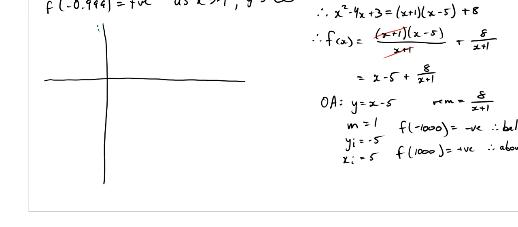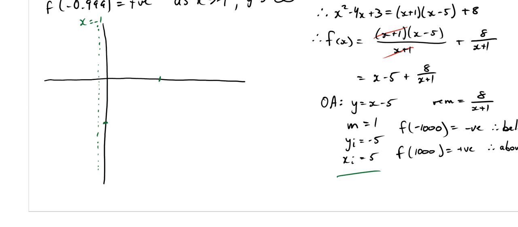I'm going to make this vertical asymptote really close to the axis, just because I think it's going to be helpful to be very close. That's x equals -1. And then for my oblique asymptote, the intercepts are at +5, so that way I can go about 5 times as far and make it about the same.